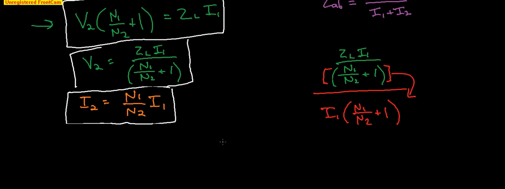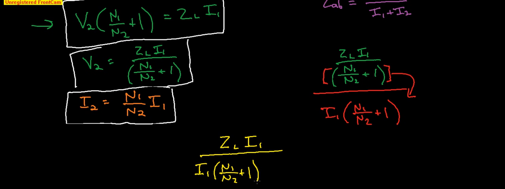So the numerator will only be Z of L times I1, divided by I1 times N1 over N2 plus 1, and then if we drop that term to the bottom, that'll be N1 over N2 plus 1.